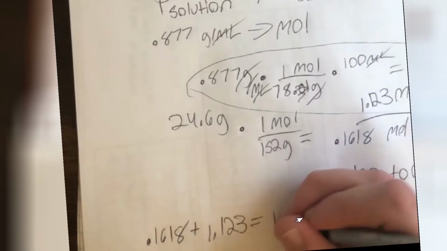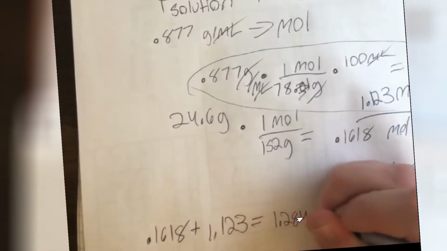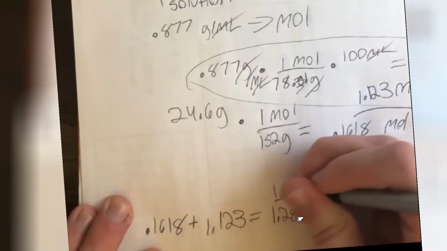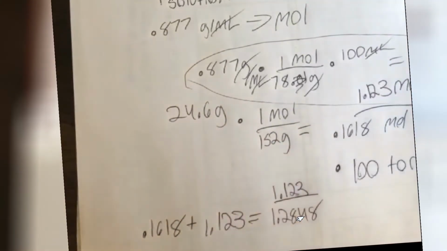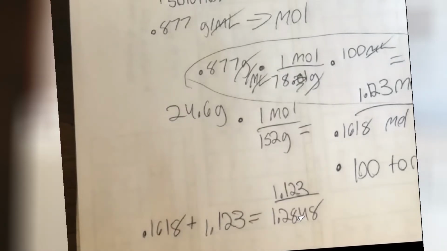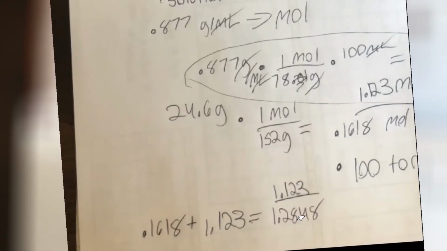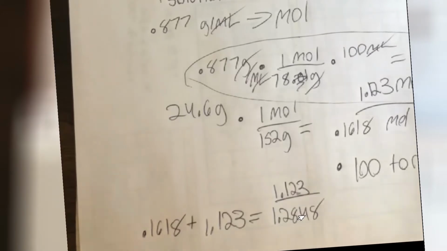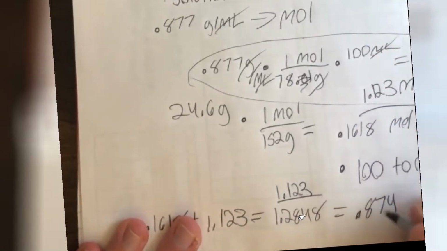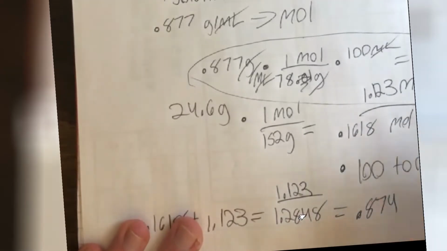Should be about 1.2848, and then we're just going to take 1.123 out of that, and see what we come up with. We're going to get 0.874 as our mole fraction.